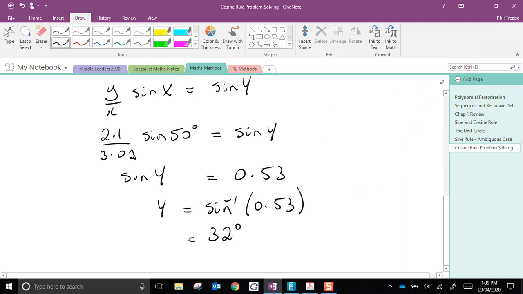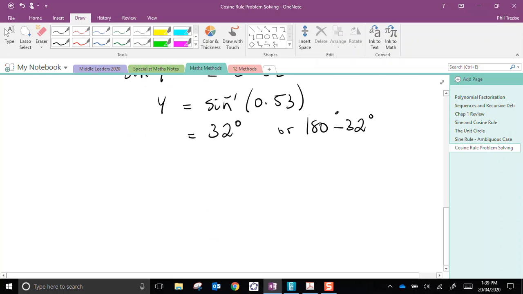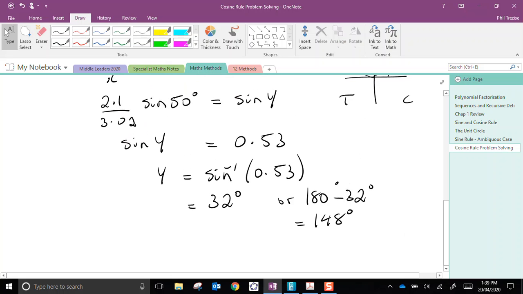Now don't forget the old CAST rule. If I have an angle of 32 degrees, then inverse sine in the second quadrant would be 180 minus 32 degrees. So I could have 148 degrees, an obtuse angle.